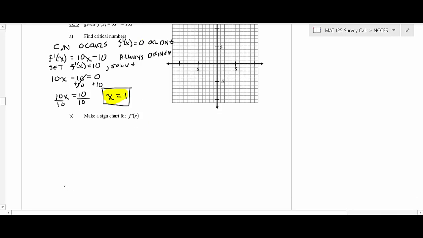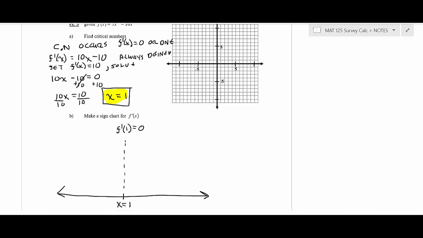Now we move down here and we make a sign chart. When we make a sign chart, what you want to do is just draw a number line and locate your critical numbers. In this case, the only critical number is x equals 1. And I like to have students write down that f prime of 1 is equal to 0. So that's where the derivative is 0. Every other place, the derivative is either going to be positive or negative.